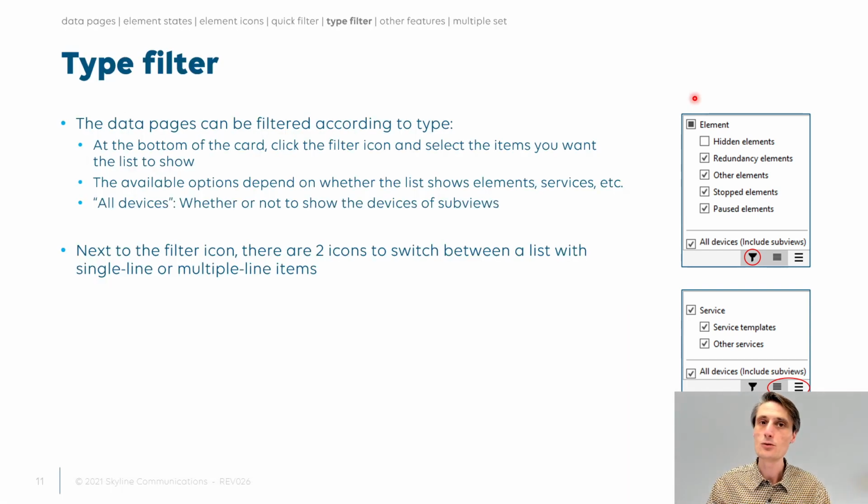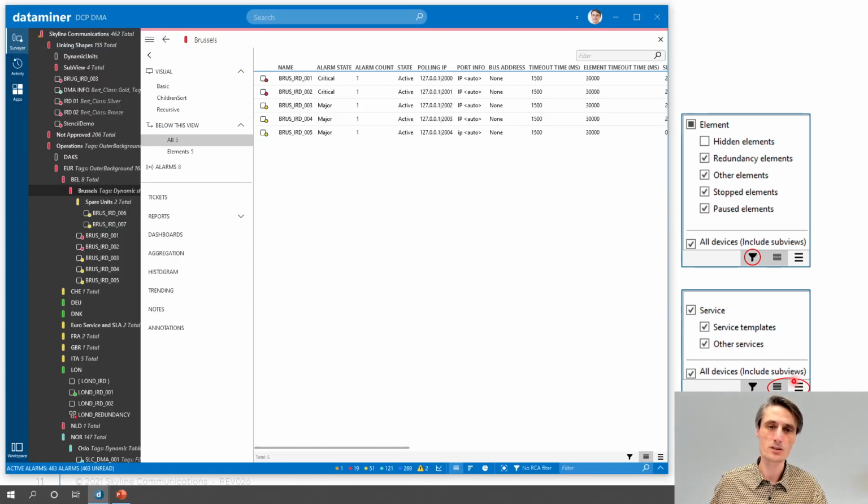Next to that, we do have 2 viewing modes, you could say. The list view, as it is by default, and then the larger list items view. What's the difference? That's the list view with all the details.